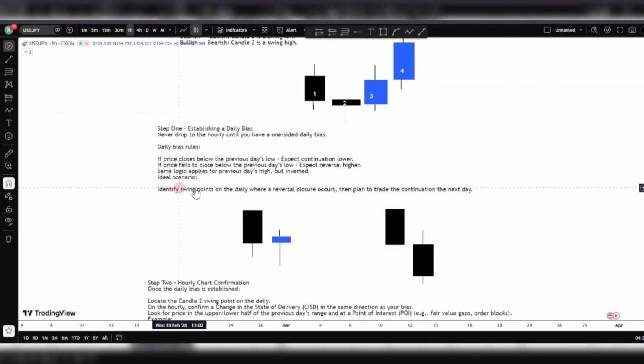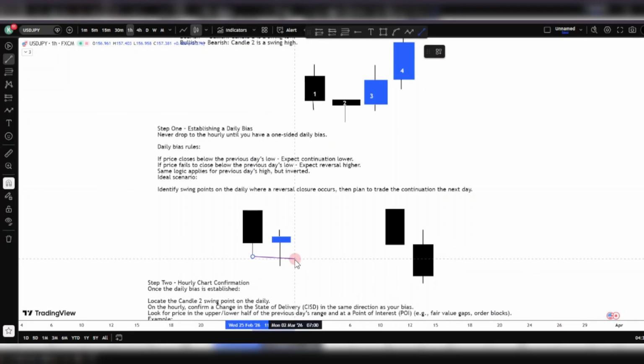So we have identified a swing point on the daily where a reversal closure occurs, then plan to trade the continuation the next day. In this case, look at this. We took out this previous day low at this point, and failed to close below it.